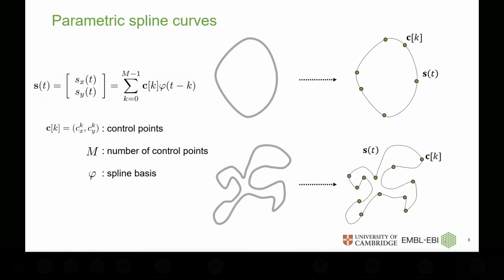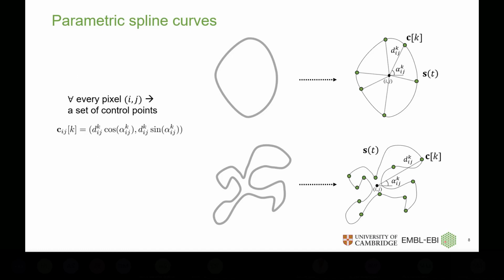Since there is no restriction on where these control points need to be, the spline model can very well model non-star convex shapes, which was not possible for the StarDist object model by definition.